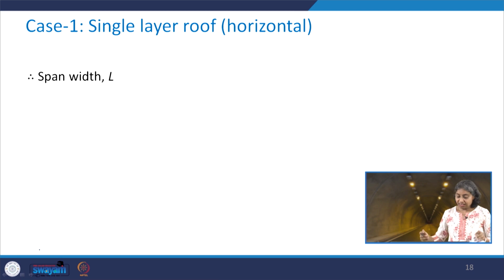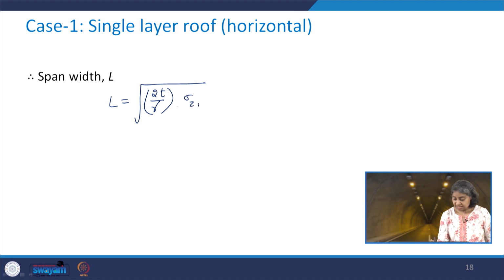So, this span width, say L, is going to be equal to square root of 2T upon gamma into sigma z max. You remember we obtained the expression for sigma max. So, from there I will find the expression for L, or we can write L to be equal to square root of 2T upon gamma into R naught upon Fs.